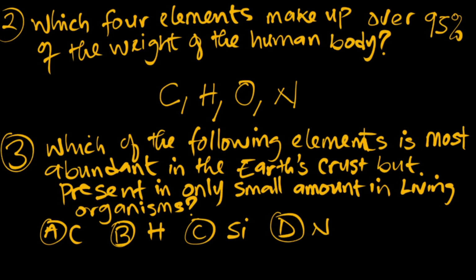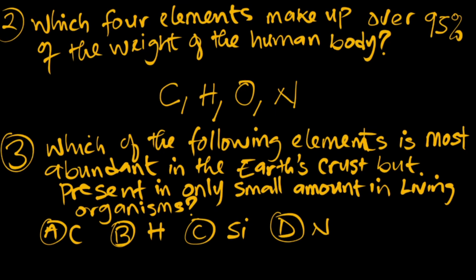Of course, oxygen is not here, but we know oxygen is found in considerable amount both in the human body as well as in the earth's crust, although not the same quantity.